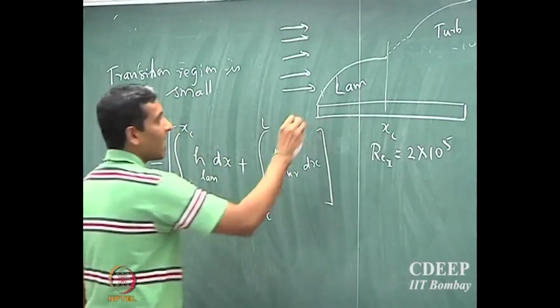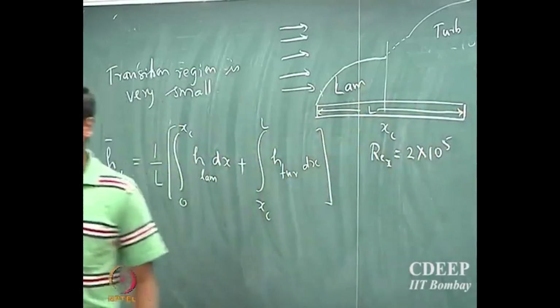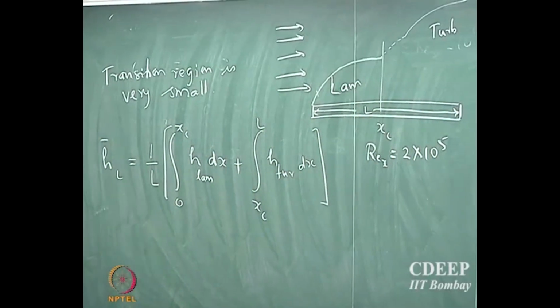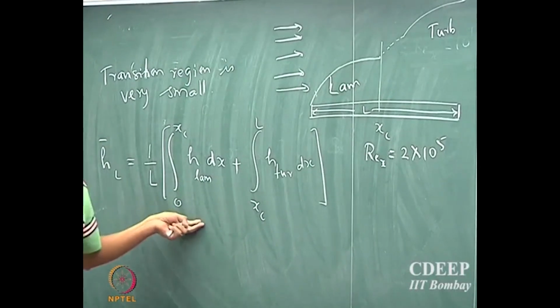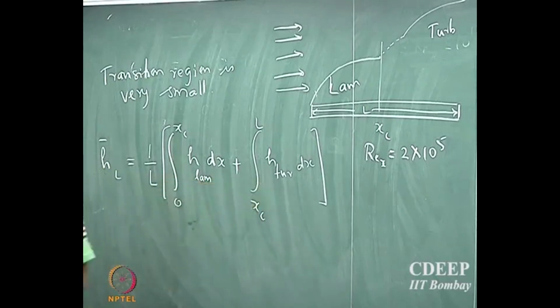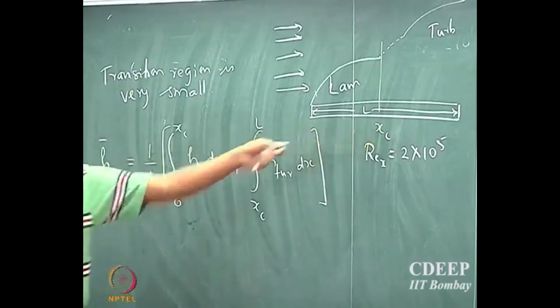So where the length of the plate is L, that's the length of the plate. So one could simply integrate the local heat transport coefficients in laminar condition up to the critical point and integrate the same in the turbulent conditions up to the full length of the flat plate, okay. So that will give you what is the average heat transport coefficient when you have mixed conditions of both laminar and turbulent conditions.